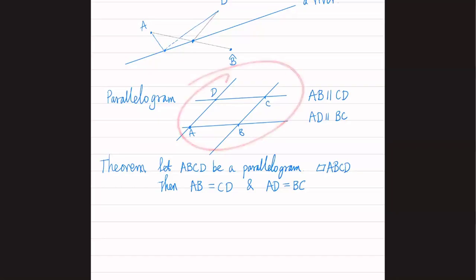We do need to get some triangles to get everything started. I mean, you could bisect it. Okay. So one way we can do this is to connect B and D.